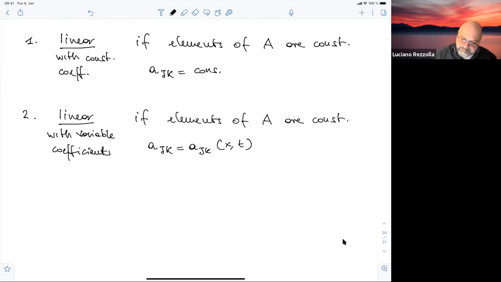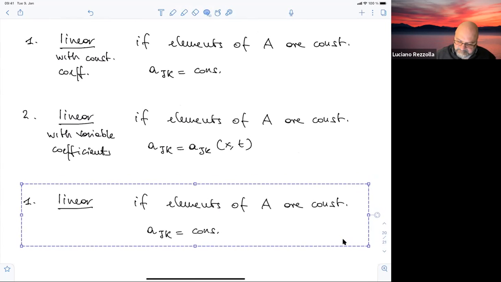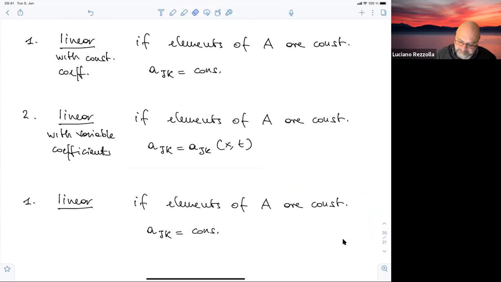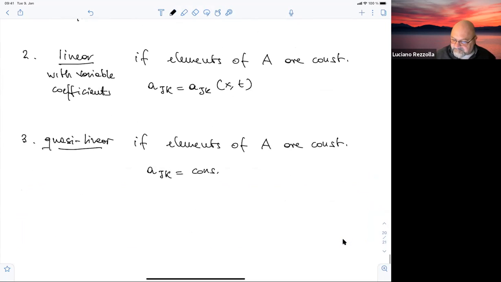And the last case is said to be quasi-linear.